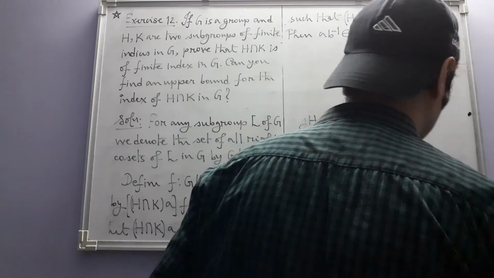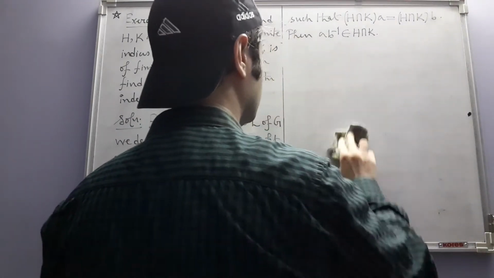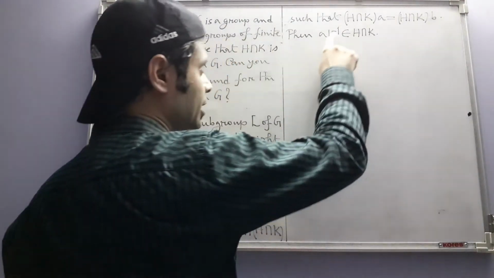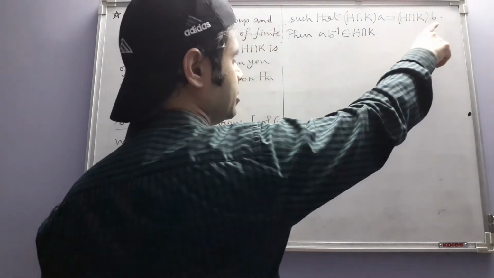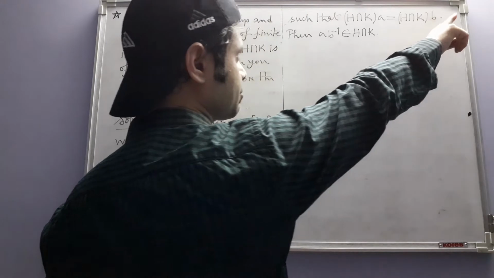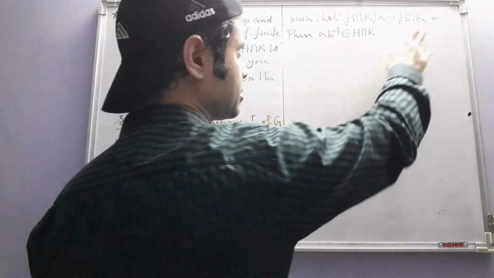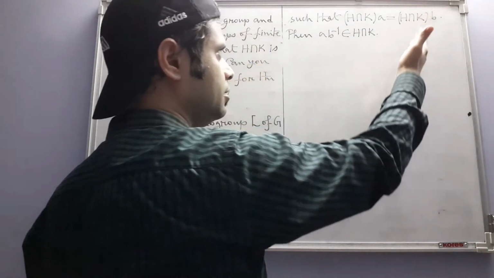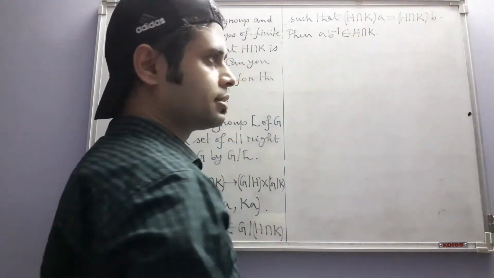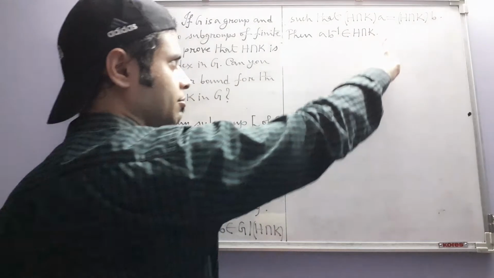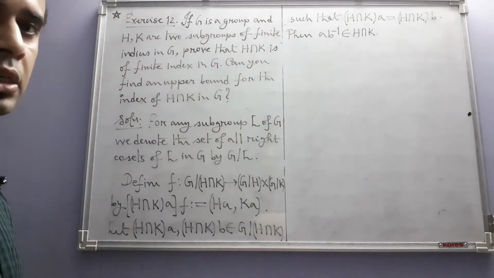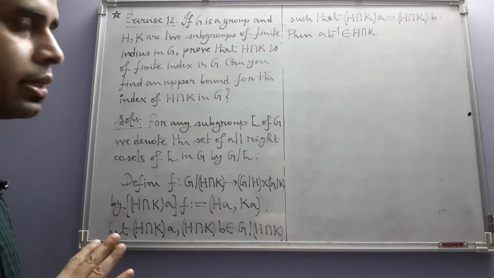So it's that one. You can remember this by thinking of the situation like this. You multiply both sides from the right hand side by B inverse. Here you will have E, which will vanish inside H intersection K, but here you will have AB inverse. So that AB inverse should also belong to H intersection K.